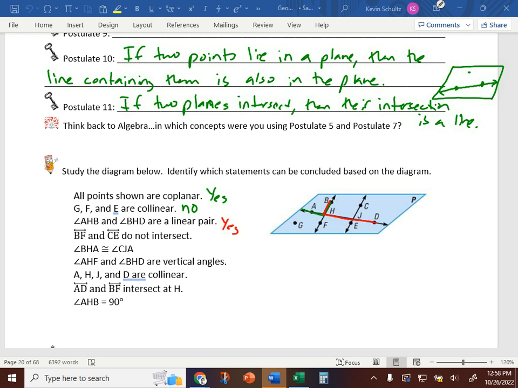So your homework is going to go through the rest of these and label yay or nay. Can you conclude that statement based on what you see in the diagram?